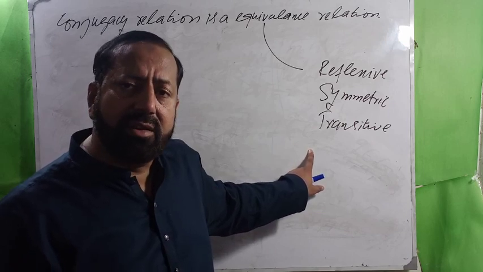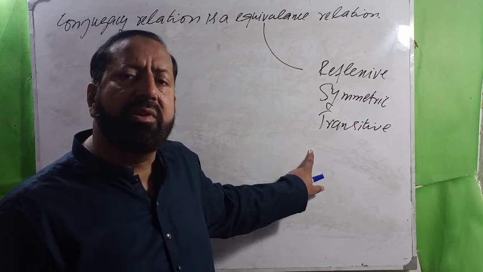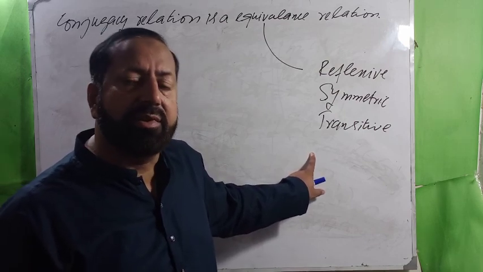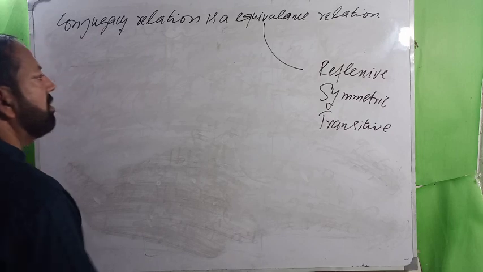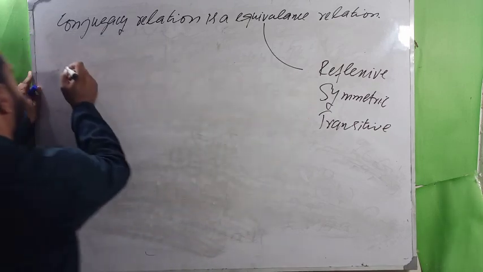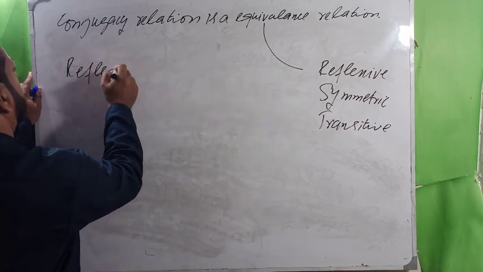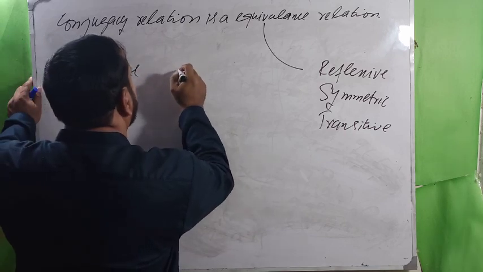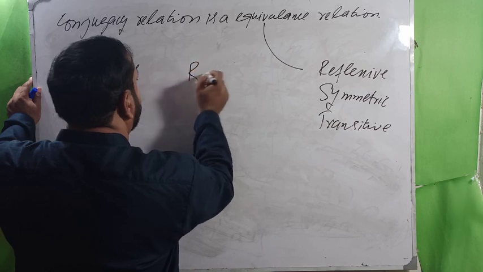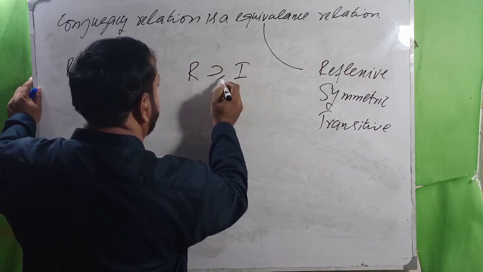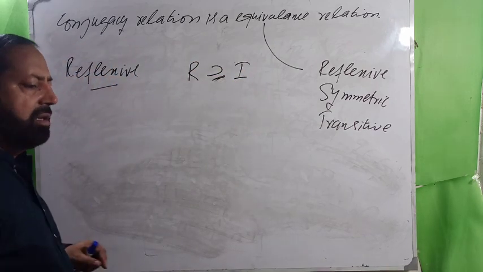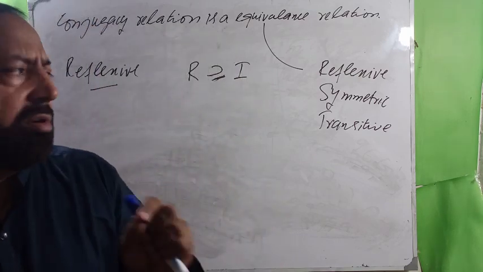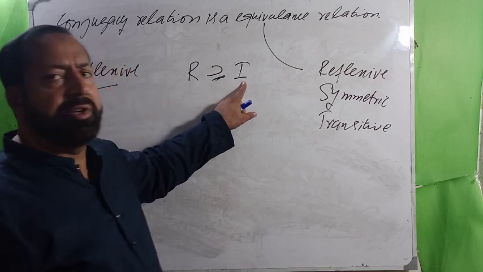So we claim that here the conjugacy relation between the elements of a group G is also an equivalence relation. Okay? So when you say reflexive, what is reflexive? Reflexive means that a relation R contains the identity relation. You know what we mean by identity relation?